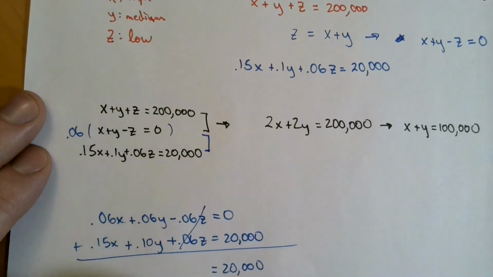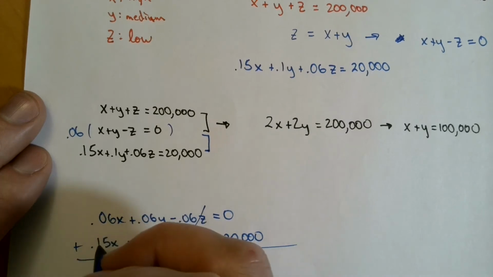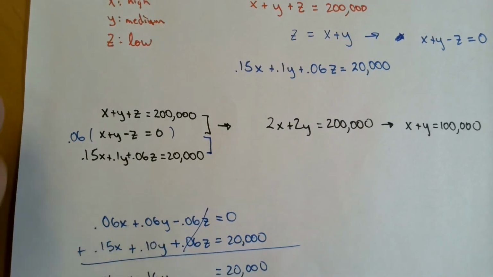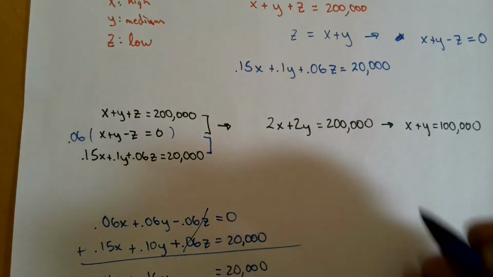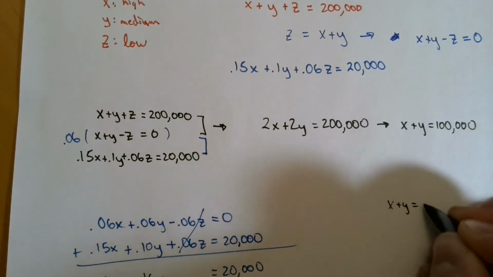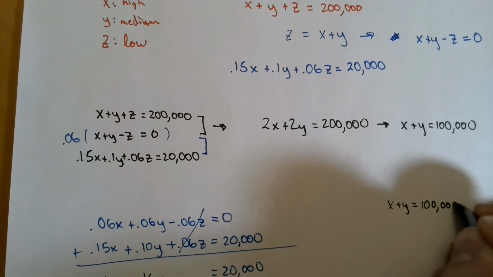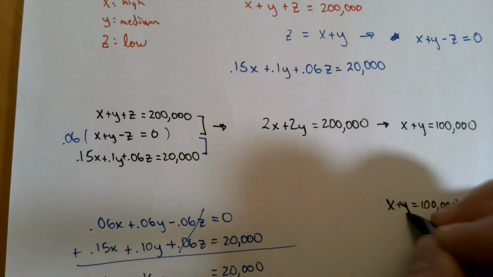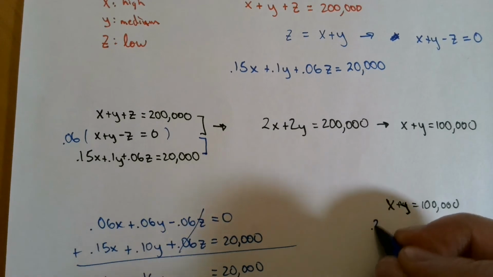So that adds to 20,000, this looks like 0.16y, and this one looks like 0.21x. Now I'm going to write my two-variable equations and repeat this elimination process to get us to a single variable, and then we'll substitute our way back up the line until we have all three variables.